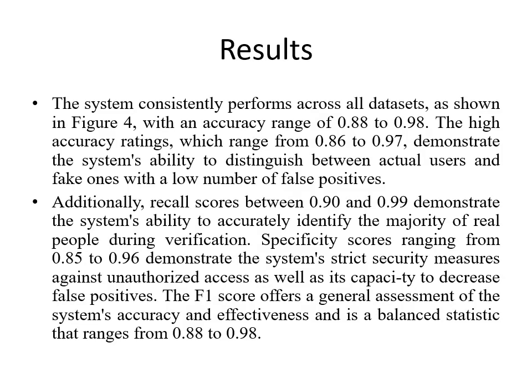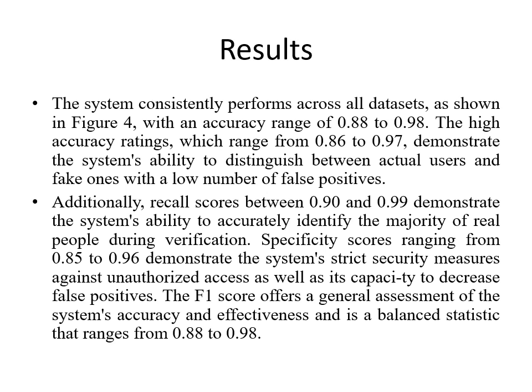So the results are as follows: the system performs consistently across all datasets as shown in Figure 4, with an accuracy range of 0.88 to 0.98. The high precision ratings, which range from 0.86 to 0.98, demonstrate the system's ability to distinguish between actual users and fake ones with a low number of false positives.